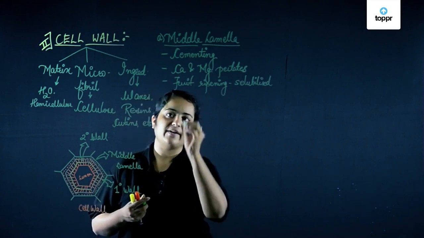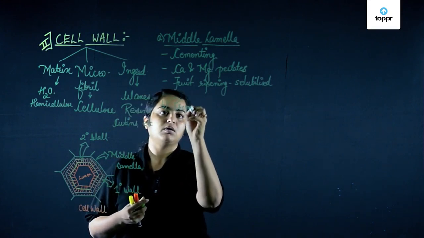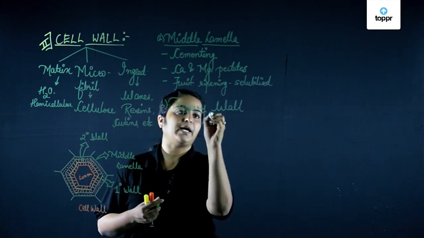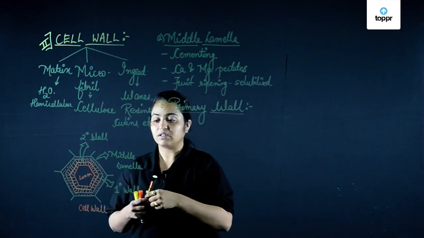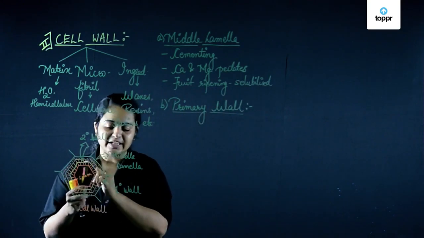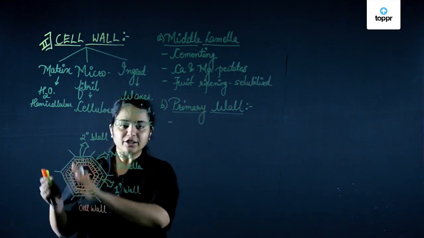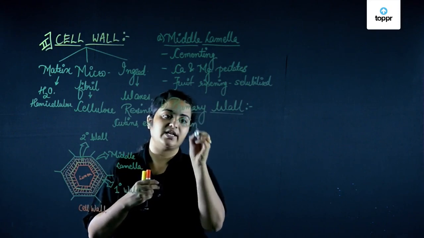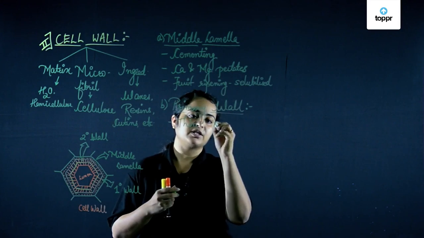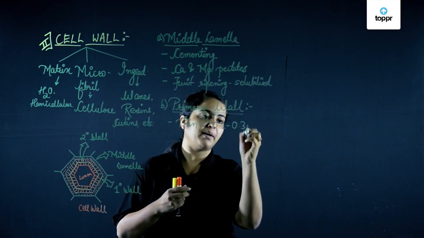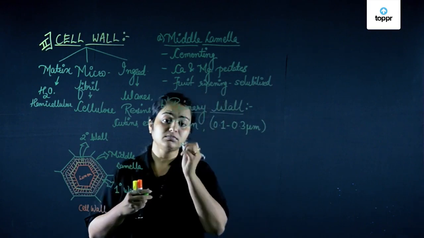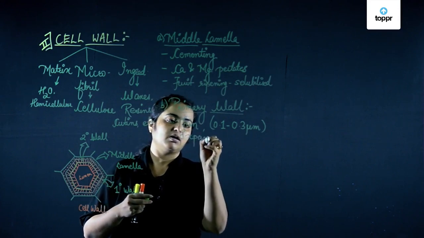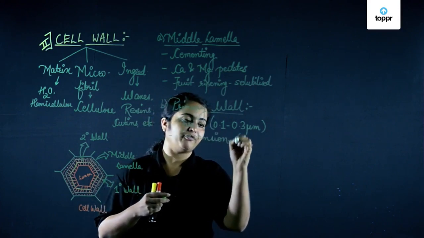The second one which we have is the primary wall. That means the structure which is adjacent or immediately after the middle lamella. It is present adjacent to the middle lamella, so it cannot be as tough and rigid as this. It is very thin in nature, basically because it is hardly 0.1 to 0.3 micrometers in thickness. Apart from its thin nature, the most important property is that this layer is capable of expansion.